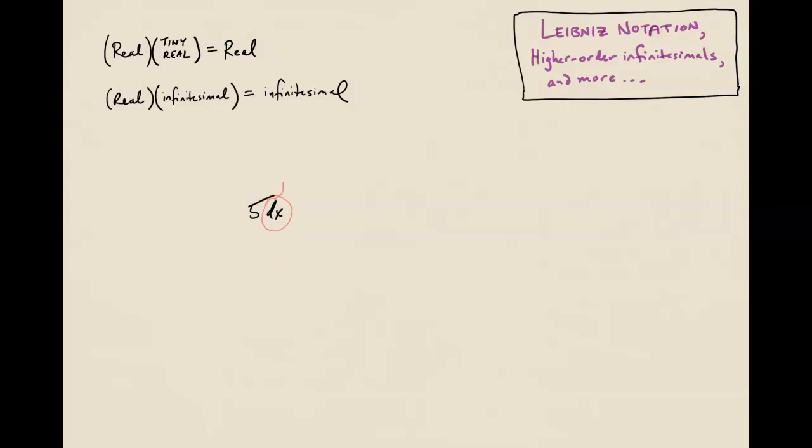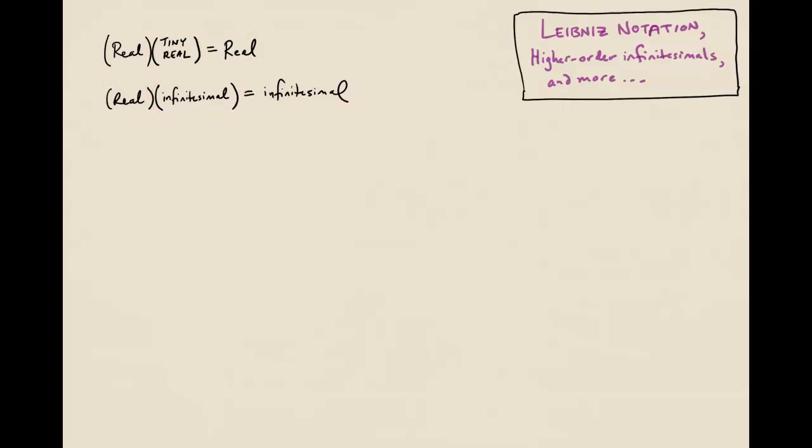It's an infinitesimal bit of 5. And we'll soon see how we can work with such things. Generally speaking, we operate with ratios of things like this, from which the infinitesimal bits ultimately cancel out, leaving us with something real. So we've seen that a tiny real bit of a real number is still real, whereas an infinitesimal bit of a real number is infinitesimal.